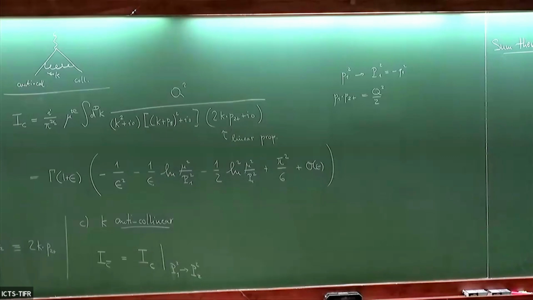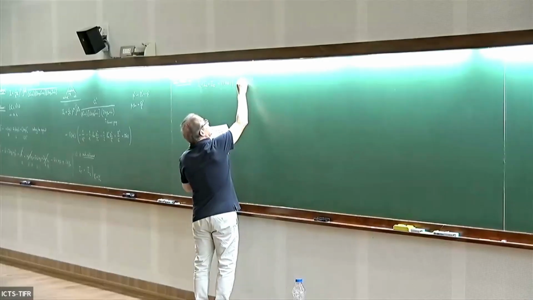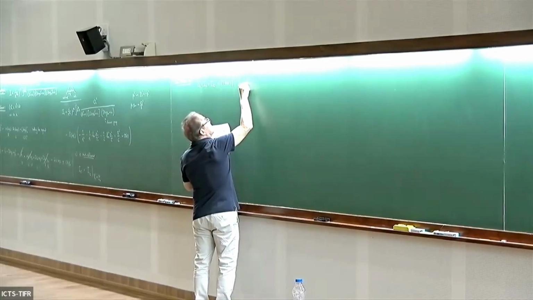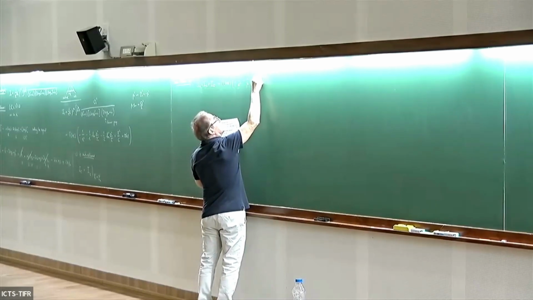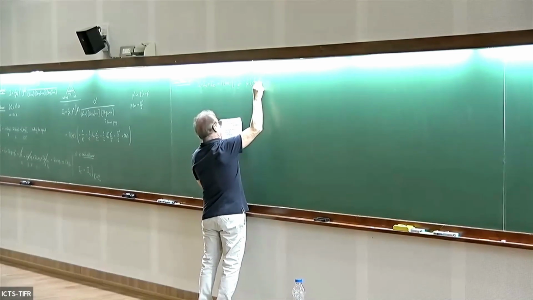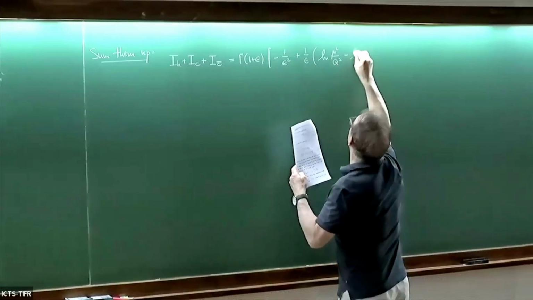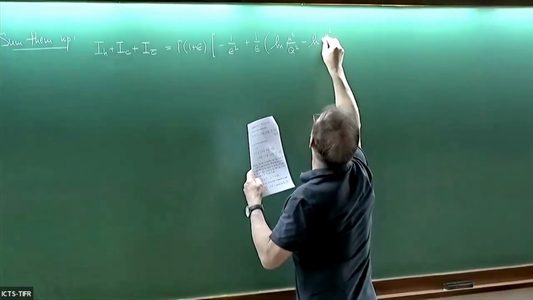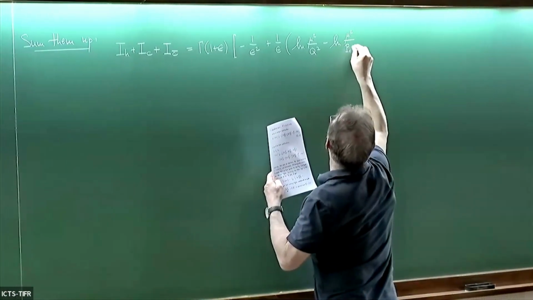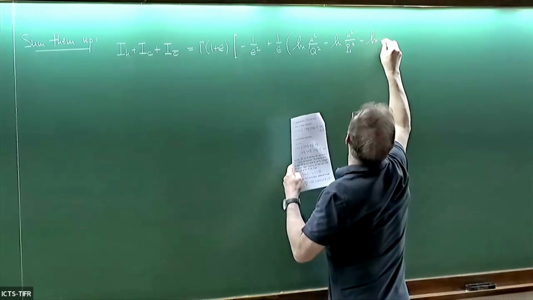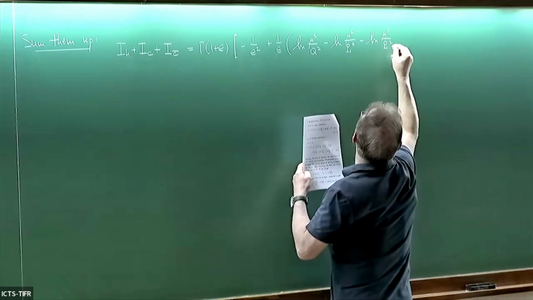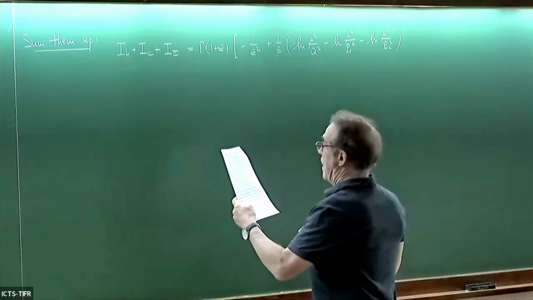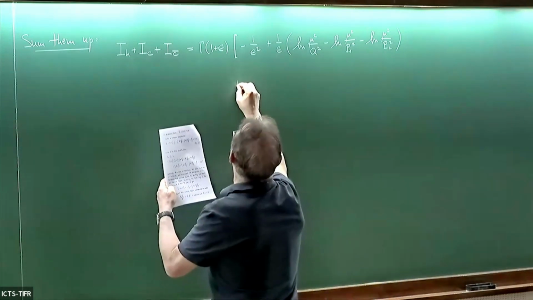So the double poles don't cancel. We end up with a minus 1 over epsilon squared. The single poles also don't cancel. We end up with a bunch of logs: log mu squared over q squared, minus log mu squared over p1 squared, minus log mu squared over p2 squared, and then a bunch of double logs.